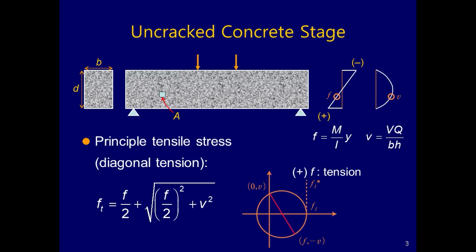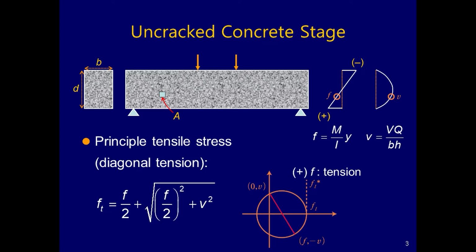Principal tensile stress can be calculated from the center of the circle plus the radius of the circle. Okay? And when it reaches the strength, say Ft star, it will crack.